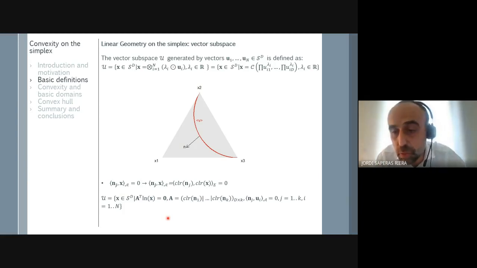The sum of the log contrast coefficients is equal to 0 since they are the CLR coordinates of the normal vector. With this approach, the condition that the sum of the coefficients of the log contrast is equal to 0 is not a condition imposed afterward seeking invariance, but an implicit and natural condition of the geometry of the simplex.